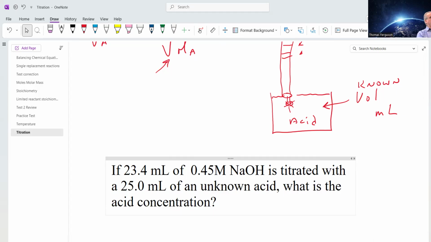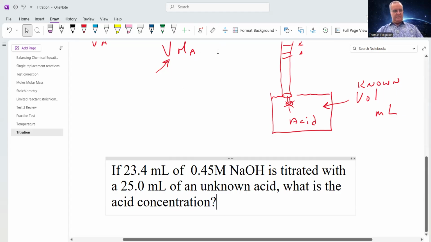I have a worksheet for you to practice titration problems, by the way, in Canvas. In fact, let me verify it's there by jumping over to Canvas really fast.